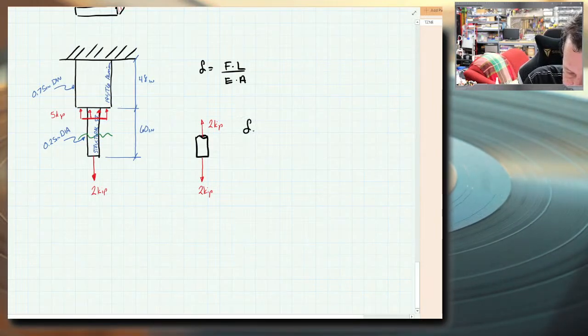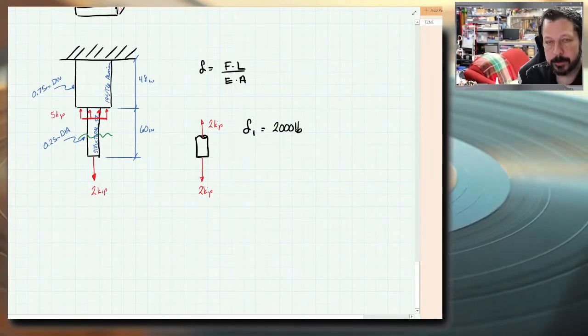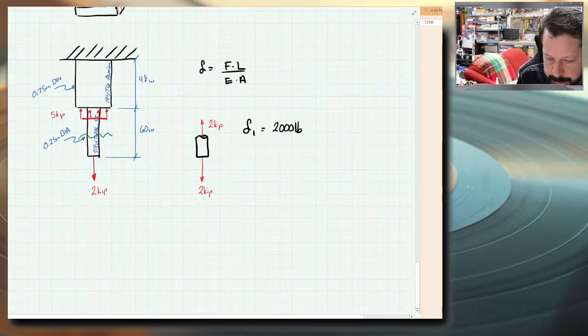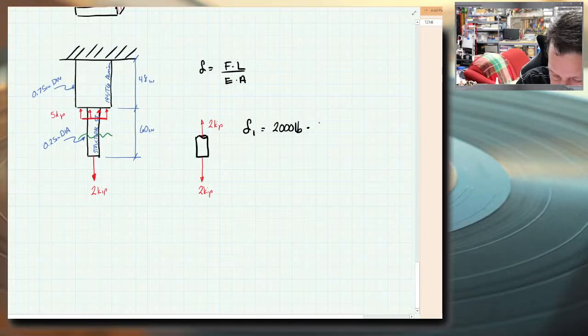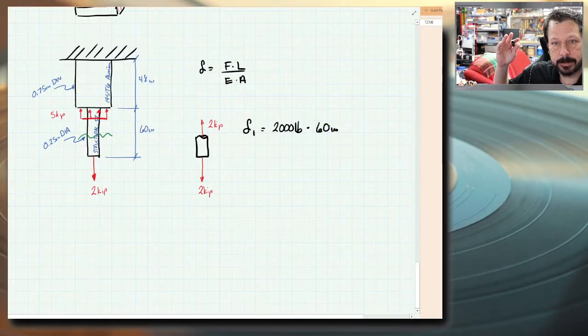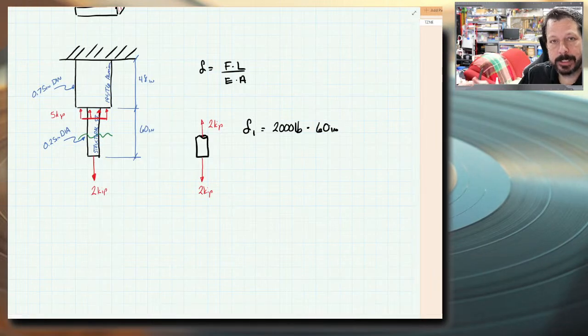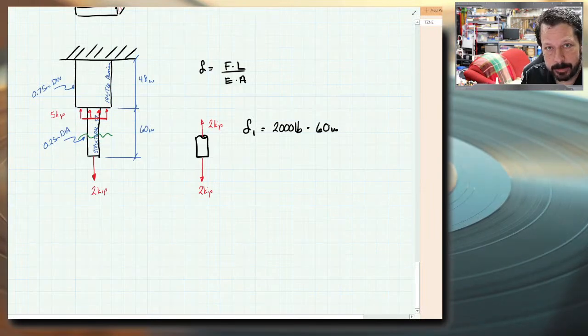We could call this delta 1 equals, there's 2,000 pounds. It's a tensile load, so it's a positive 2,000 pounds. This has a length of 60 inches for region 1. This is all of the structural steel. So the length has to define the length of the region, and the region has to have a constant force, modulus of elasticity, and cross-sectional area.